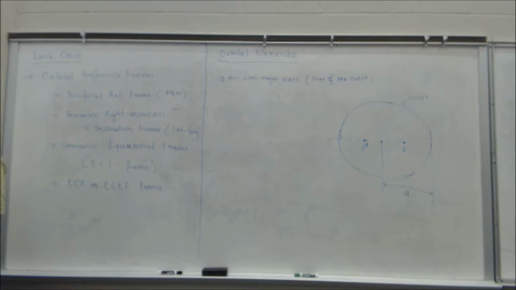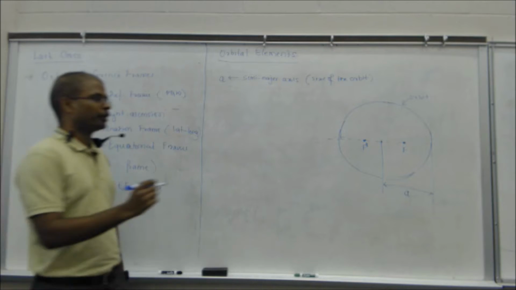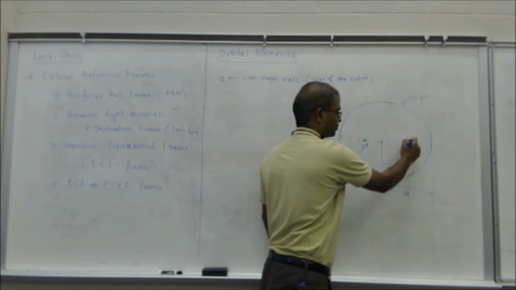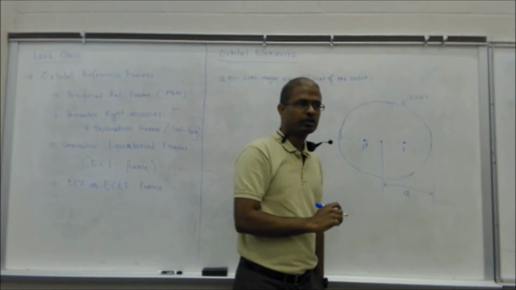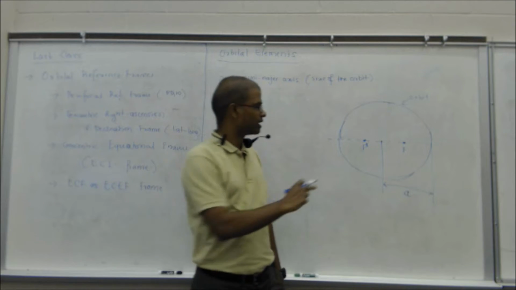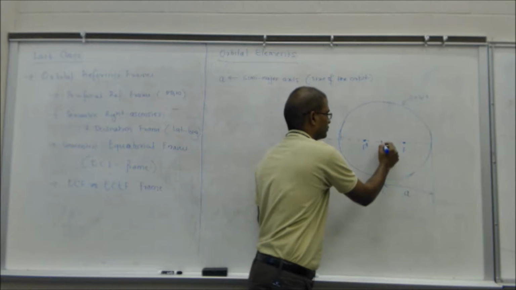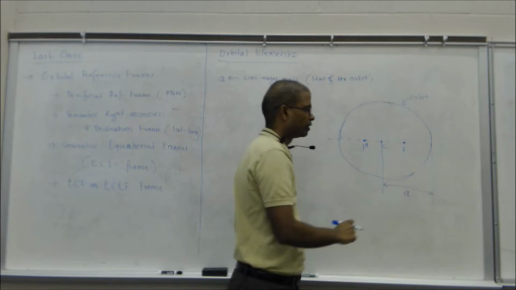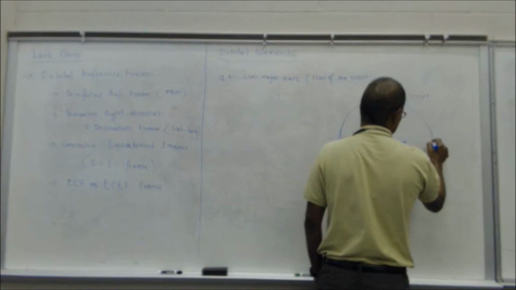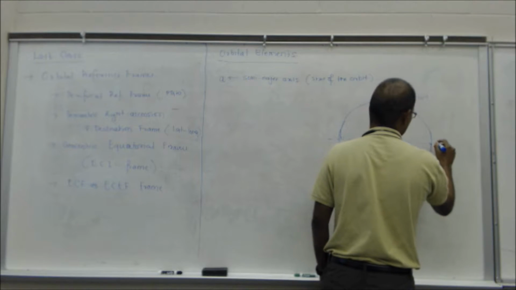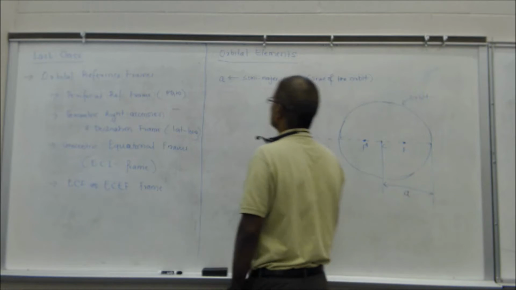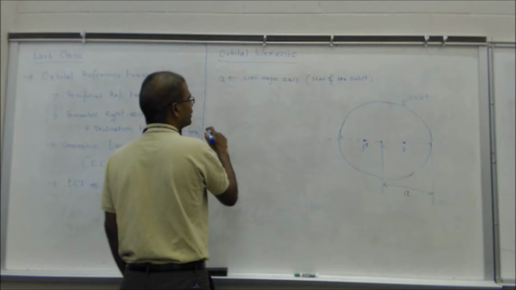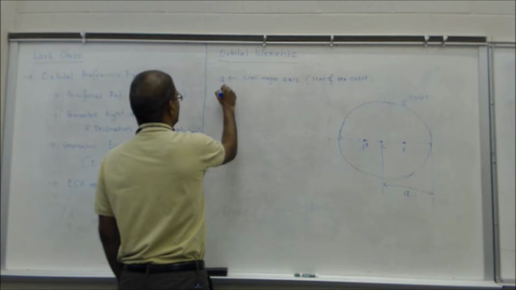That is the focus, that is the occupied focus, that is not the center. Okay, that is this point. Right? So you cannot really see this center. And A is the distance from the center to the periapsis. This is the semi-major axis. All right. Semi-major axis defines the size of an orbit.